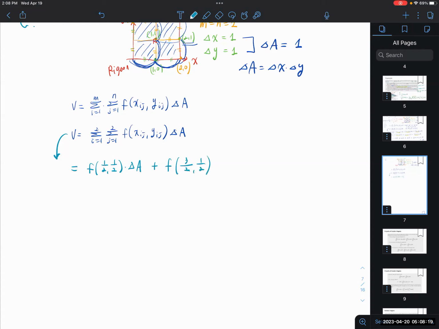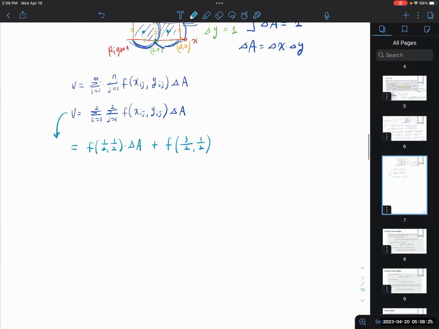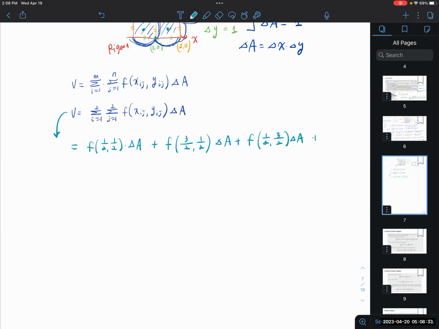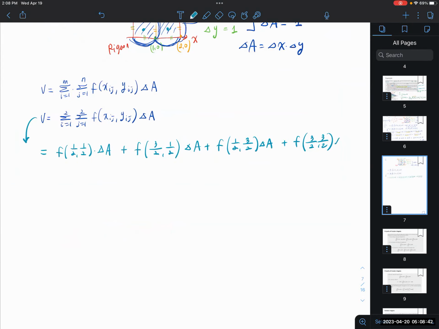This is another middle point here, right? So that's what we are doing. And then another point was 1/2, 3/2 times A plus the last one, 3/2, 3/2. I need a little bit of space.